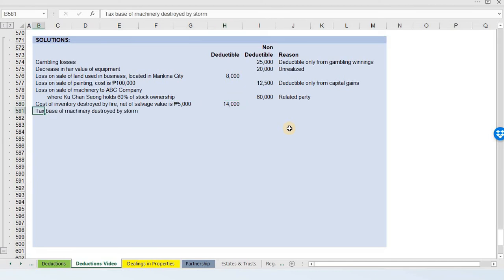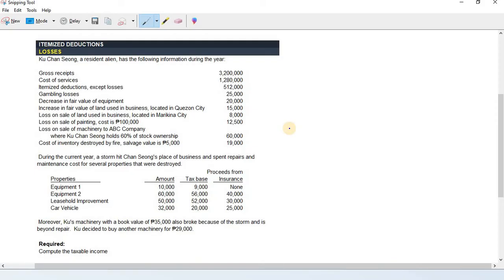The next is the tax base of machinery destroyed by storm. So in the last paragraph, moreover, the machinery with a book value of 35,000 pesos also broke because of the storm and is beyond repair. Who decided to buy another machinery for 29,000 pesos. So this means that the machinery is totally destroyed.